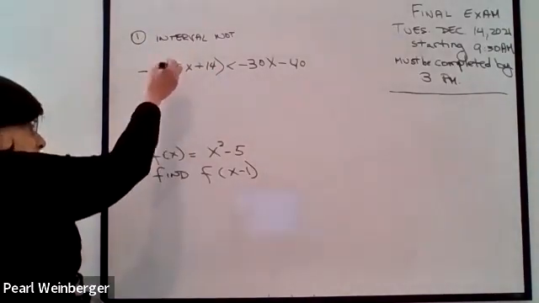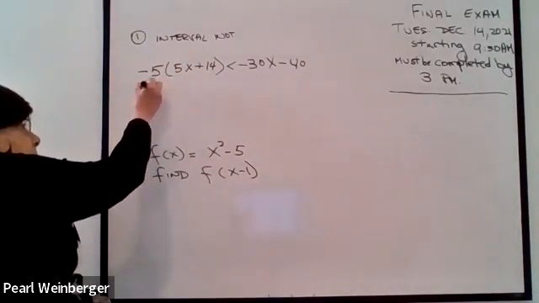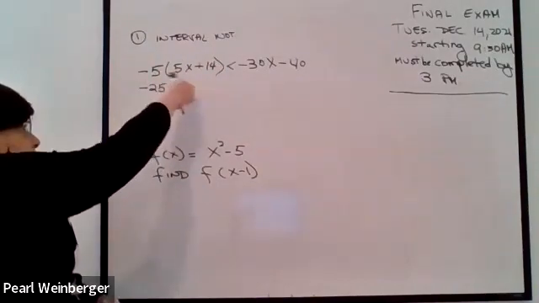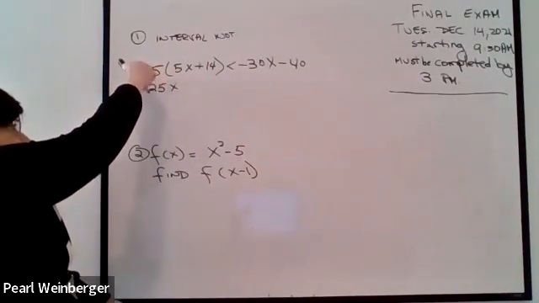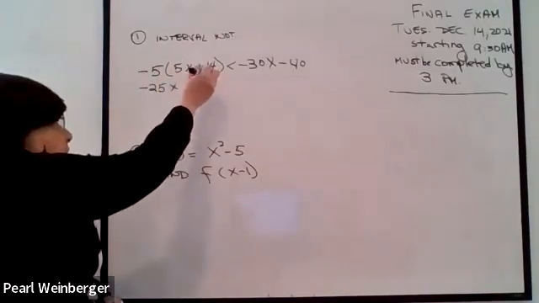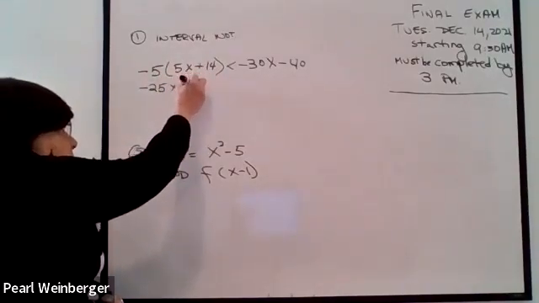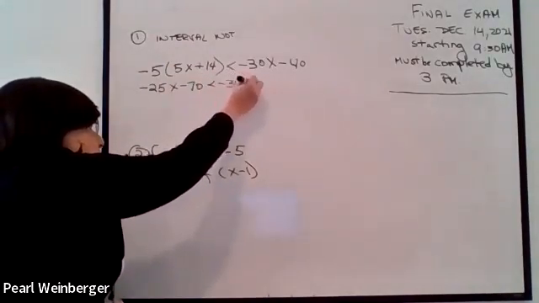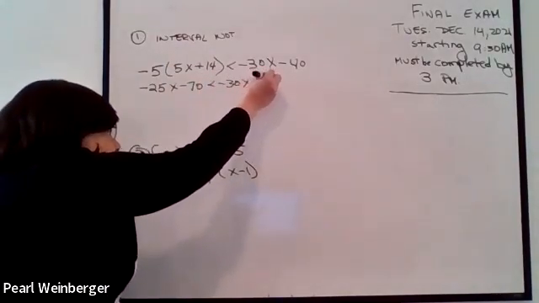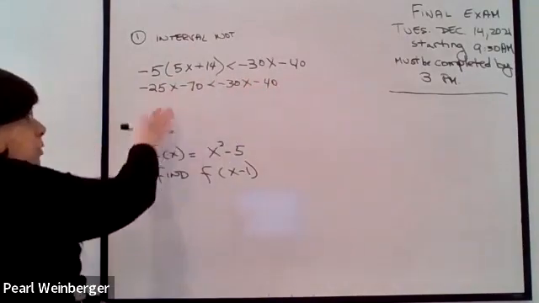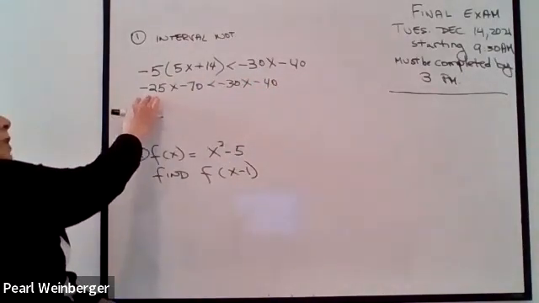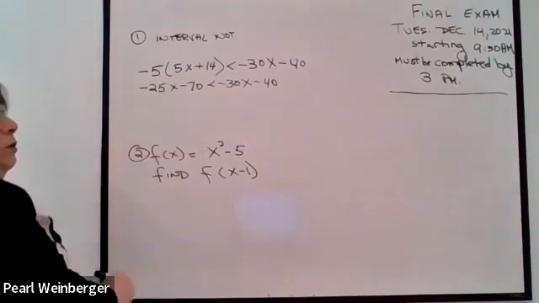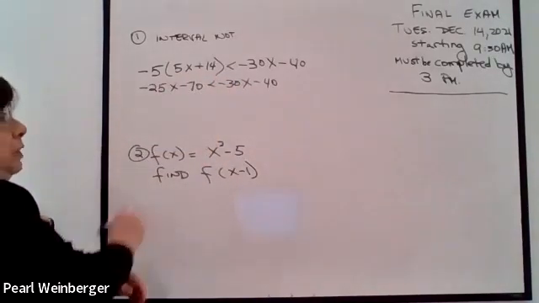We remove our parentheses. So we have negative 25x, because we're using the distributive property, and negative 5 times 14 is negative 70, is less than negative 30x minus 40. If you recall, when you have a single inequality, you always want to end up with your x's on the left side and your regular numbers, your constants, on the right side.